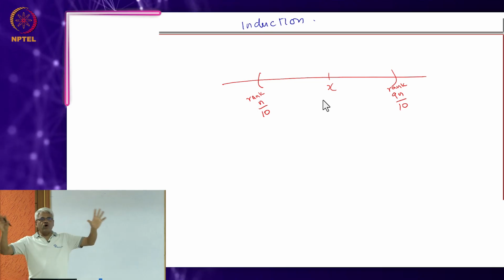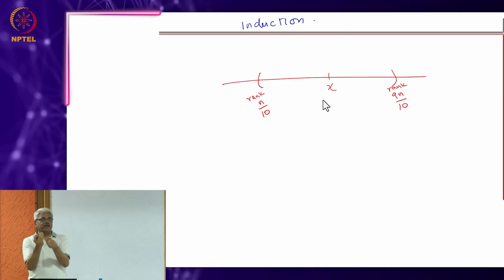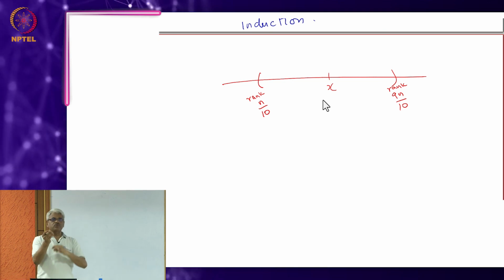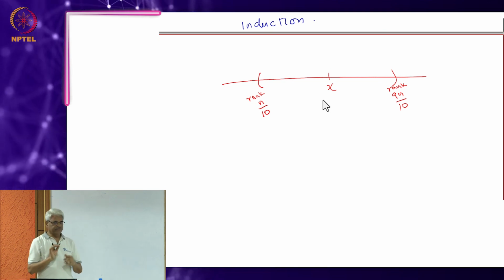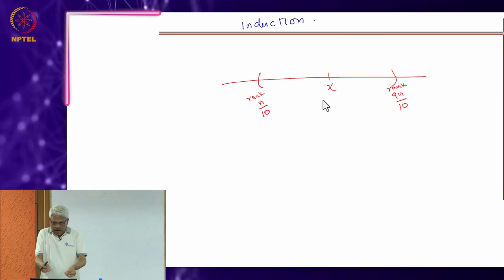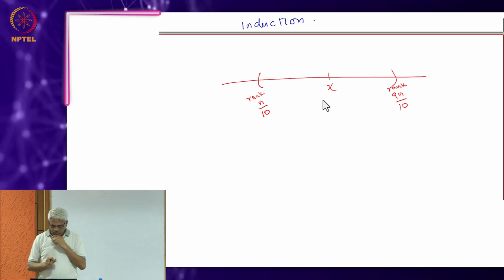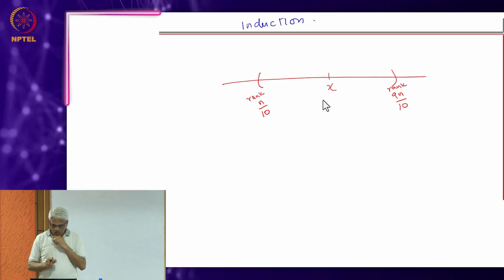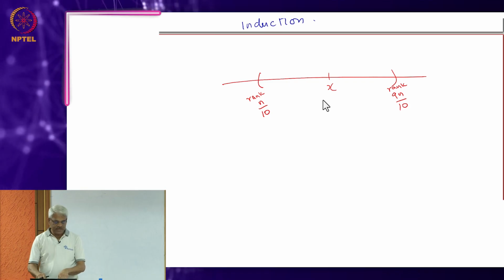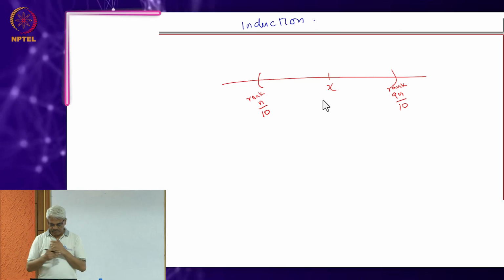You take the sorted order, basically rank tells you how many elements are smaller than it. If an element has rank i, then i or i minus 1 elements are smaller than it. Okay. Now, if I just go and pick a random element from this list, what is the probability that its rank is in this range, n by 10 to 9n by 10?